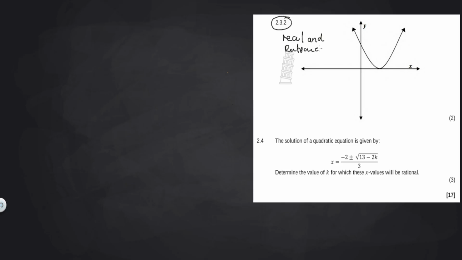Real and rational, but at the same time, its discriminant is gonna be equal to 0, because this parabola only shows one x-intercept, and if you have one x-intercept or one root, your discriminant is going to be equal to 0.